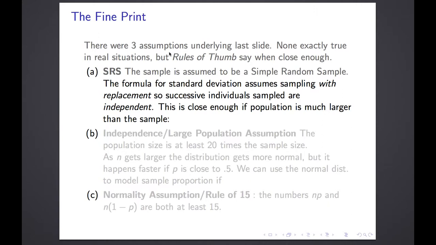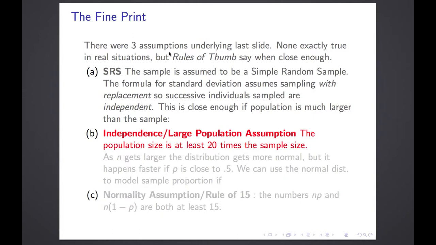However, I think it's clear that if your population is large, if there are thousands of people who don't believe in God, when you pull one out, you haven't really changed the proportion significantly. So if it's a large population, successive individuals chosen from it are effectively independent. How large does it have to be? Our rule of thumb is the population should be at least 20 times the size of the sample.